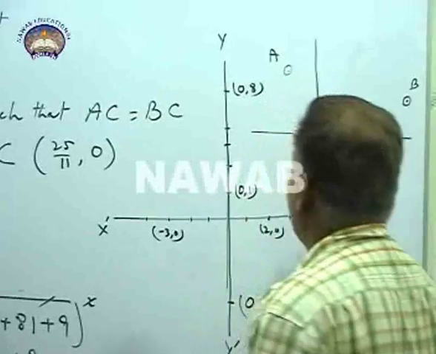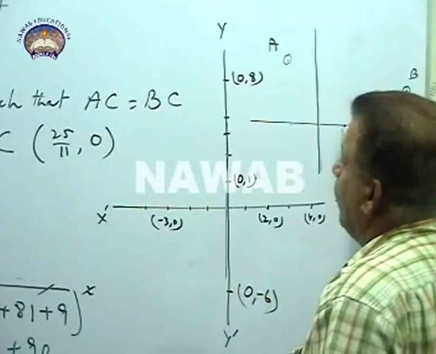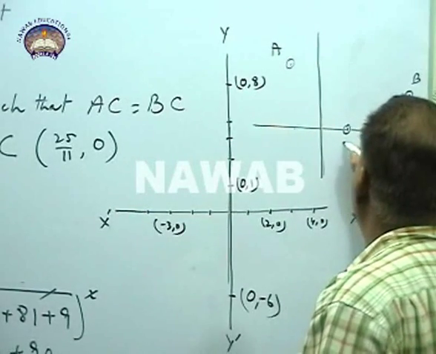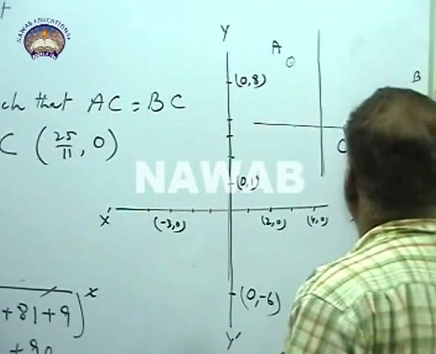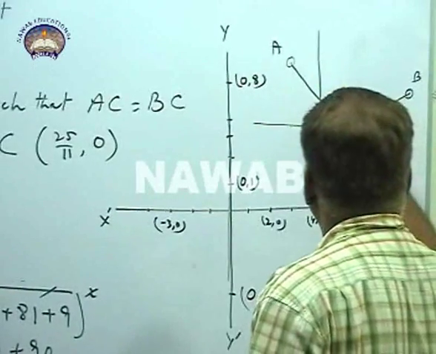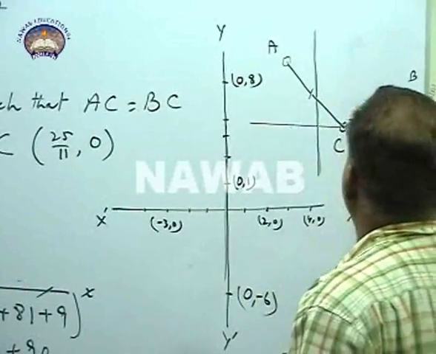It is approximately 2 point something, so it is here. So this point is C, such that it is on x-axis, such that the distance between BC and AC is the same.